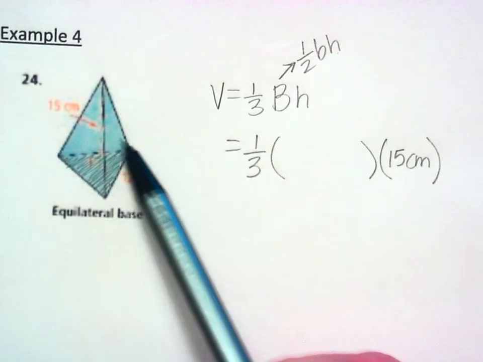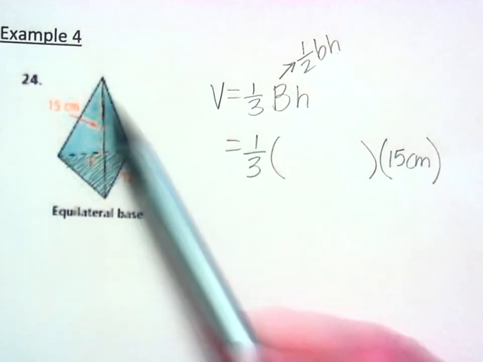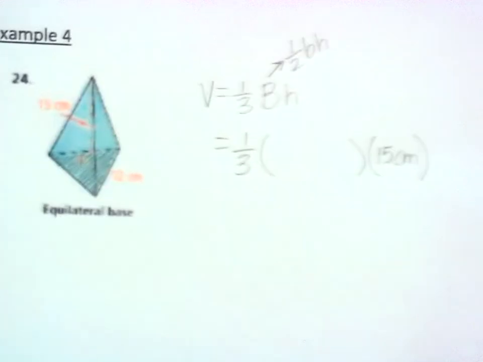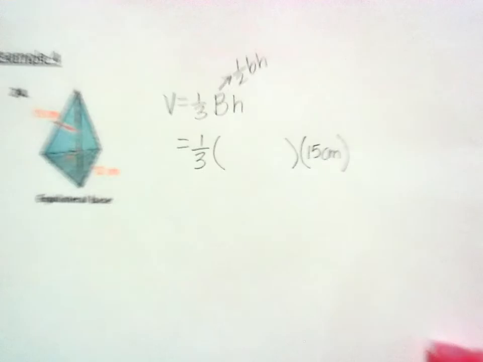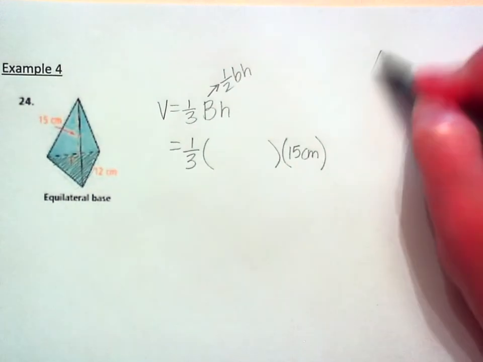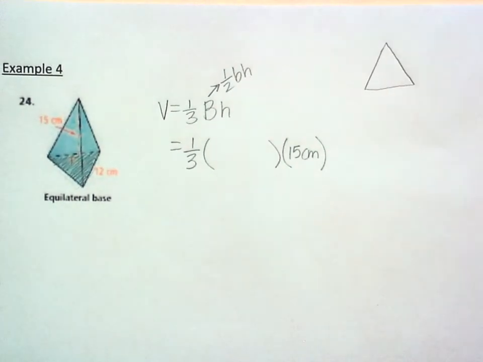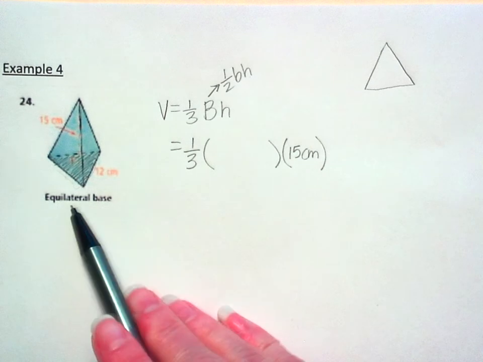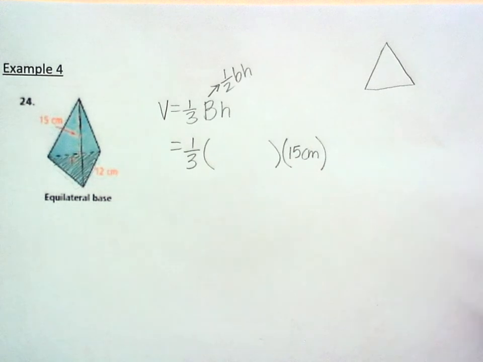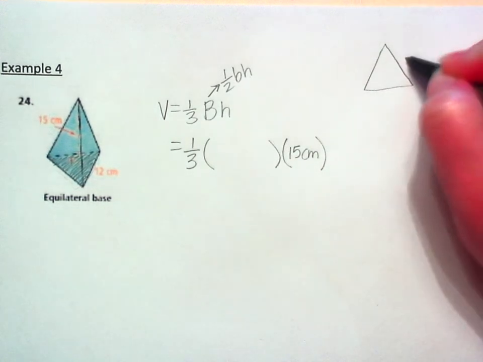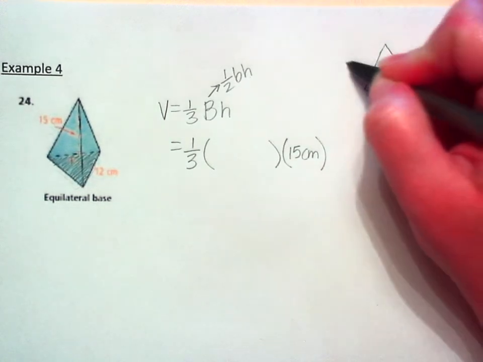I think it's too hard to figure it out when it's a part of this big shape, so I'm just going to redraw my base over here. My base is a triangle. It is an equilateral base, or a regular base, meaning if one side is 12 centimeters, all the sides are 12 centimeters.